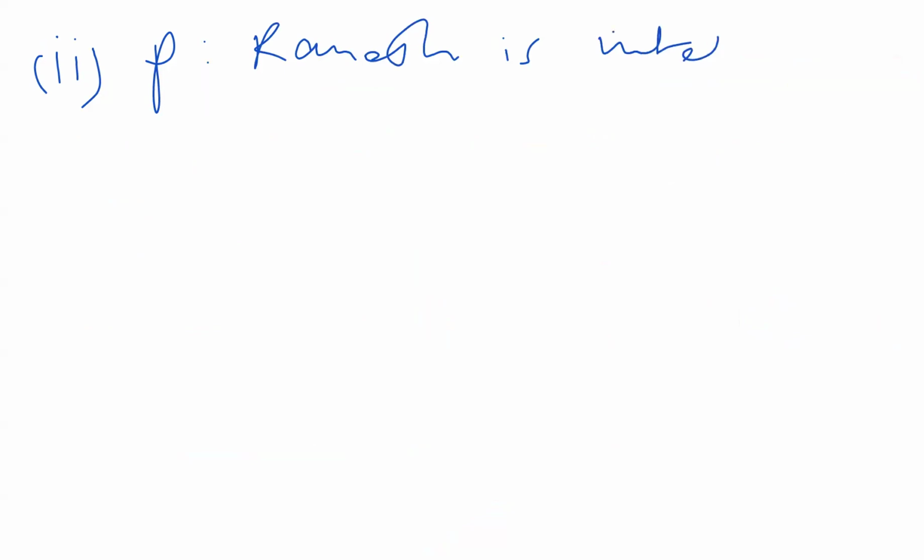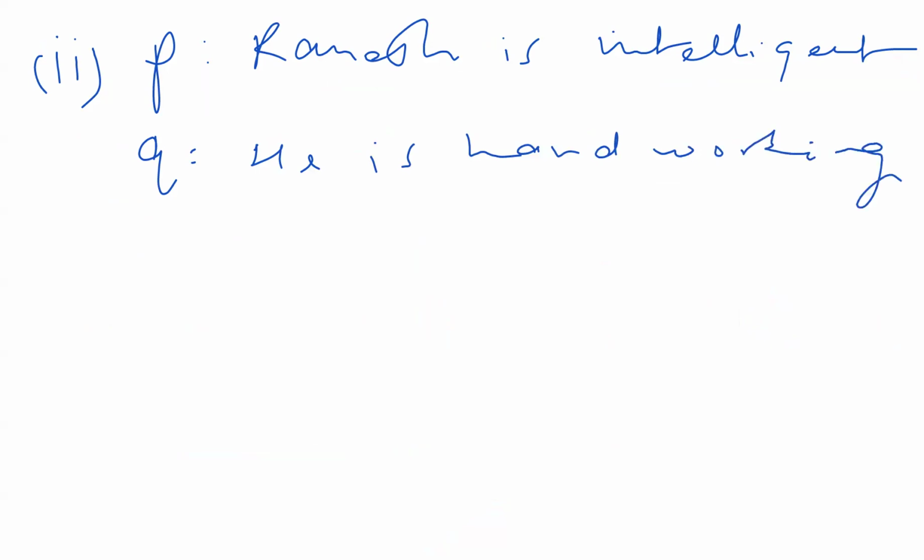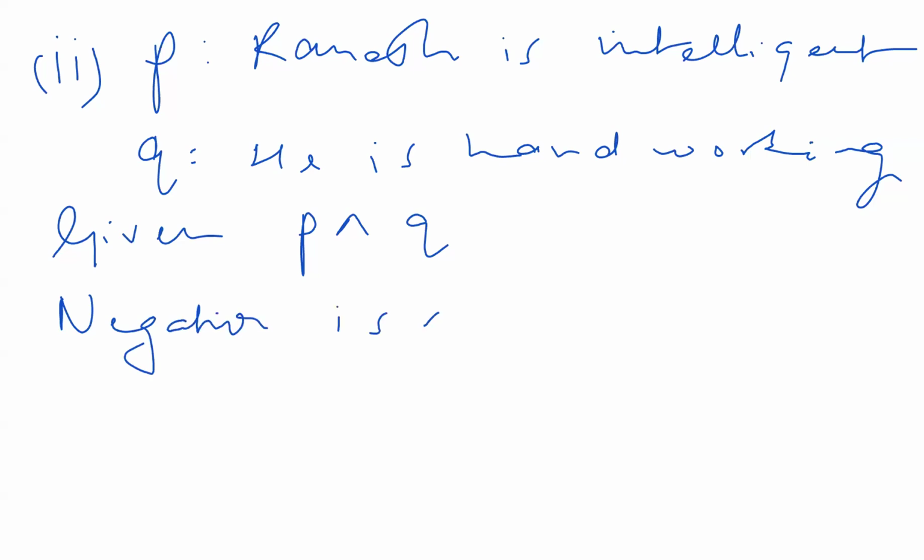Second question. P: Ramesh is intelligent. Q: He is hardworking. Given logical connective is and, P and Q. Negation is the negation of this statement.